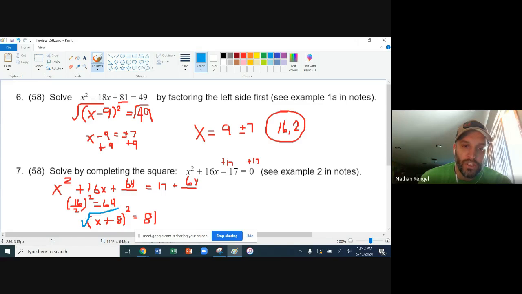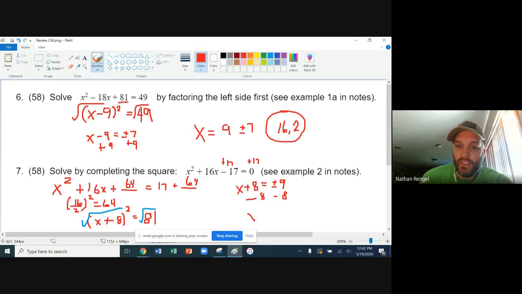You're going to square root next to cancel out the squares, which leaves us with, moving up to here, x plus 8 is equal to plus or minus 9. And subtract 8 over.